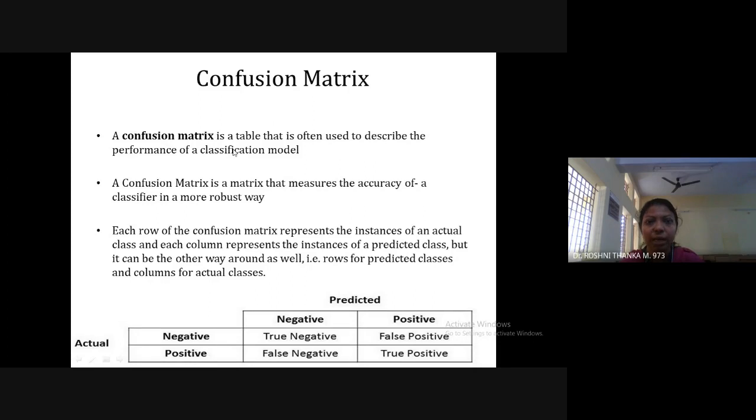A confusion matrix is a table where we can describe the performance of a classification model. Here we have rows and columns.